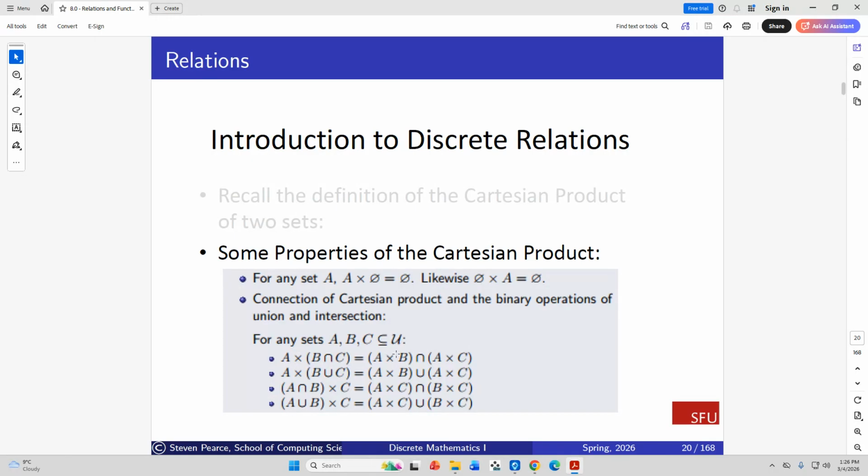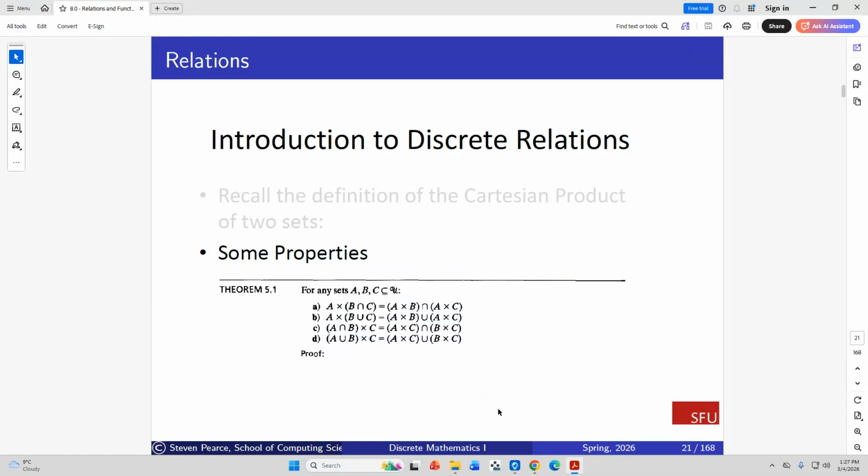For any sets A, B, and C that are subsets of the universe of discourse U, A cross (B intersect C) equals (A cross B) intersect (A cross C). It's sort of a distributive property, and you can see it works for union as well. And then you can go the other way: (A union B) cross C is (A cross C) union or intersect (B cross C). These are easy to prove. So here we have them.